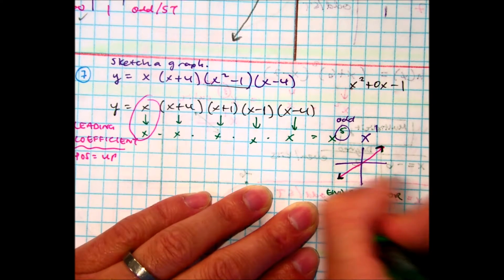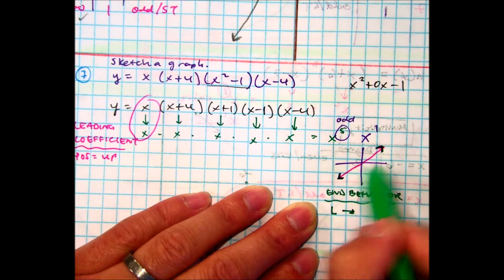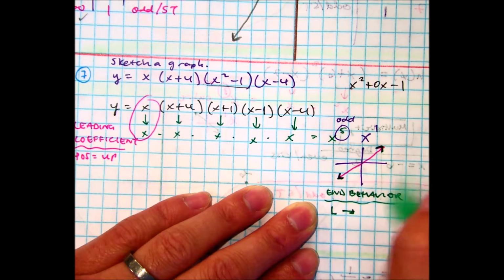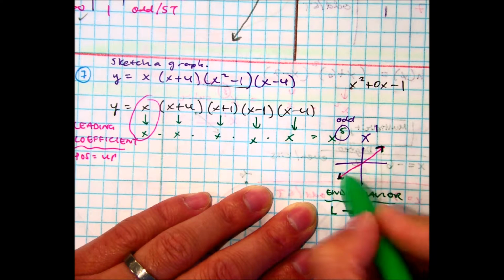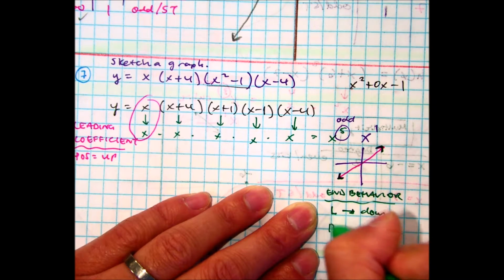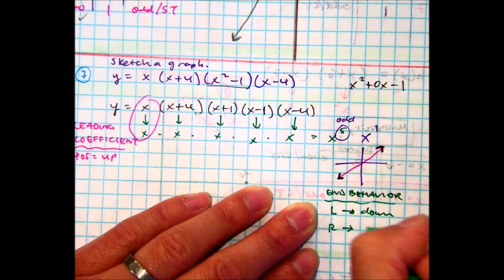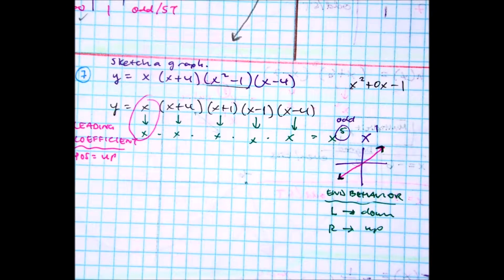So let's write that. Left side, as x is approaching negative infinity, or going this direction, we can say that it's going down, or negative infinity. You can just write down right now. And if you're going towards the right, where is it going? Up or down? Up. It's going up, or we can also say later on positive infinity.